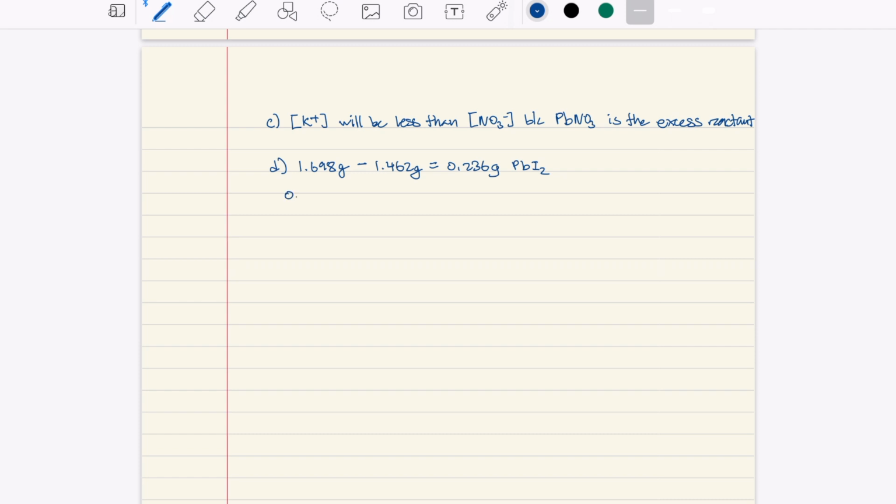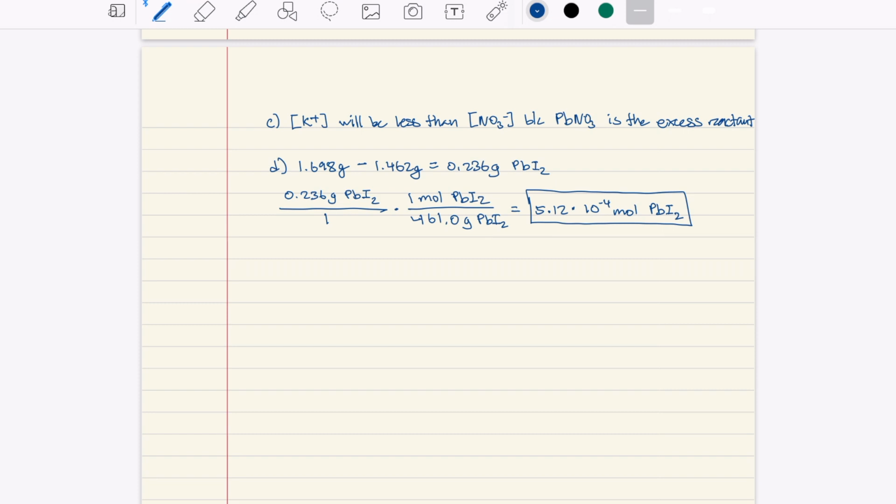We would do 0.236 grams of PbI2 over 1, multiplied by the molar mass of PbI2, which is 461.0 grams of PbI2 per 1 mole of PbI2. After doing this calculation, we'll find that the moles of PbI2 is 5.12 times 10 to the negative 4 mole of PbI2. So that's the answer to part B.